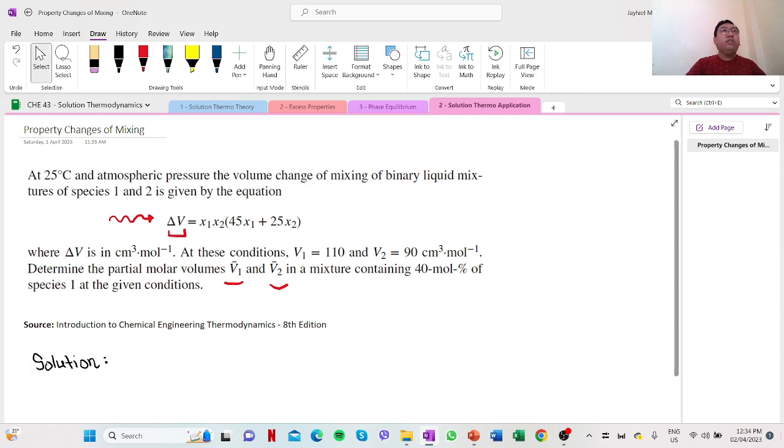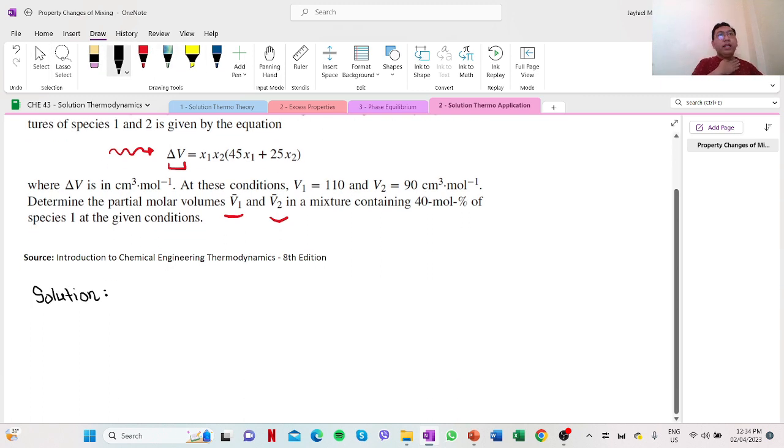Let's start off with the idea that we are just used to getting the partial molar volume if we have the volume of mixture data as a function of composition. But this time we have the volume change of mixing data.